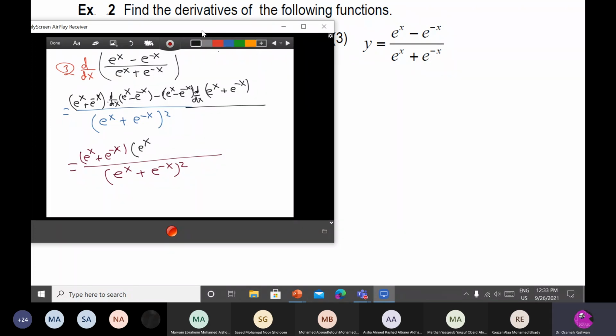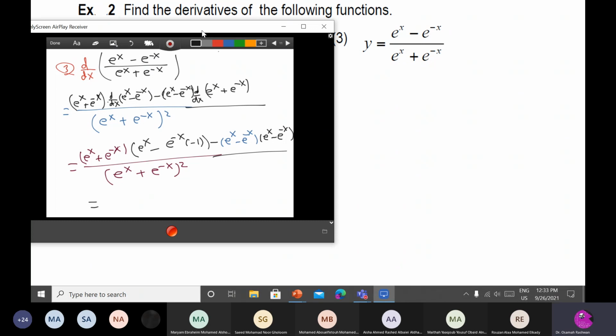It is e to the x minus, what is the derivative of e to the minus x? E to the minus x times minus 1. Okay? Minus e to the x minus e to the minus x. And what is the derivative of e to the x? E to the x. What is the derivative of e to the minus x? Minus e to the minus x. Okay.